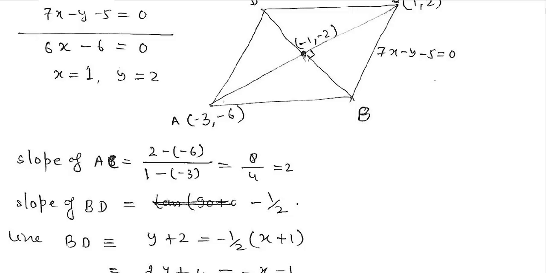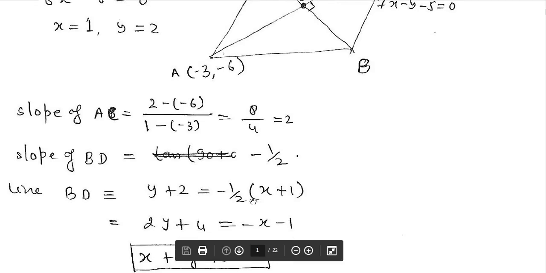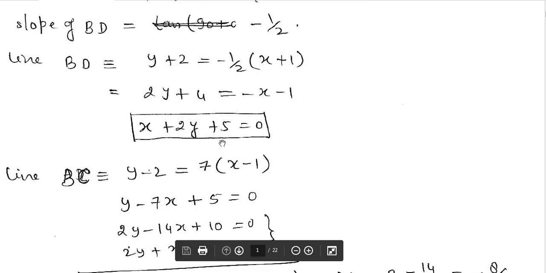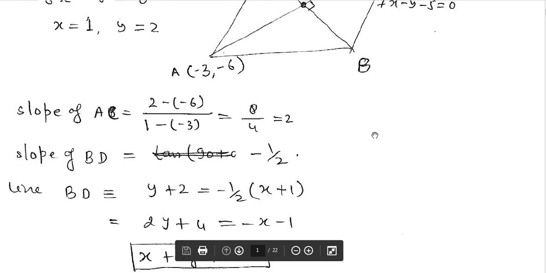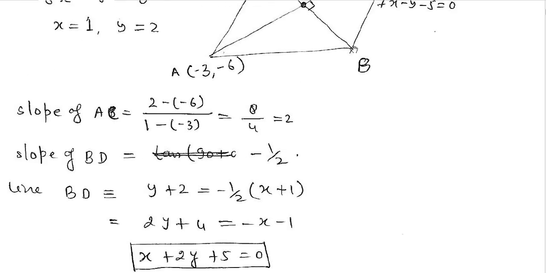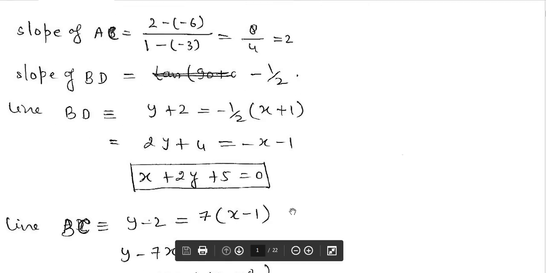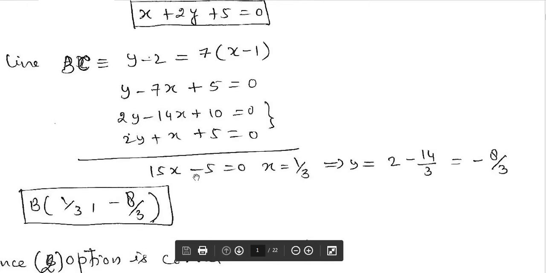Similarly, we can get the equation of line BD also. Now if we solve these two equations, we get the point of intersection B, of this line and this line, and this is the option. B is the option, that is 1 by 3 comma minus 1 by 8.